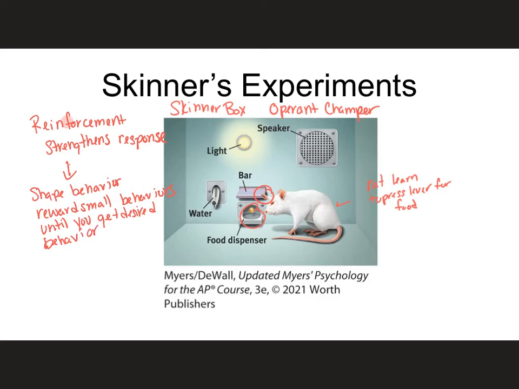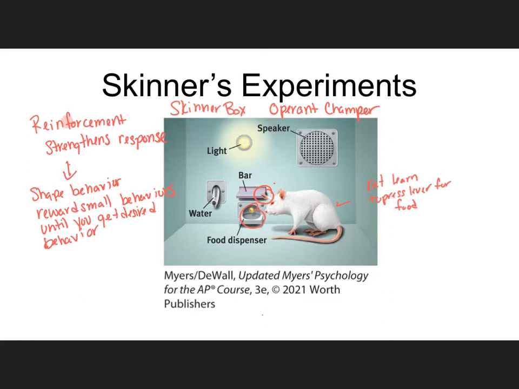So for example, they may have put the food on top of the lever so that the rat knew it could go up there and get food. Then the rat starts to realize that once it climbs up there and gets the food, it can press the bar down to get more food. That would be an example of shaping: getting them to do these small behaviors before you get them to do the big behavior.